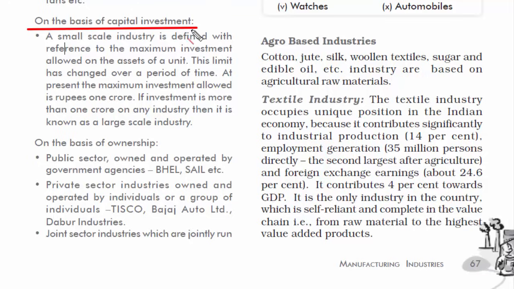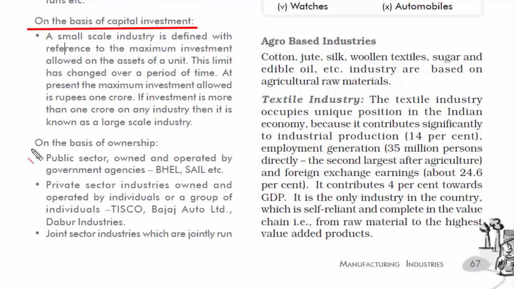Another form of classification is based on capital investment. When we talk about capital, we are talking about the money involved. A large industry will have more capital, and a small scale industry will have less capital. In that sense, we divide industry based on capital investment.